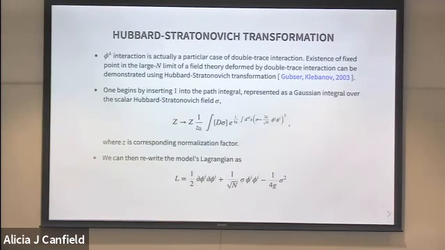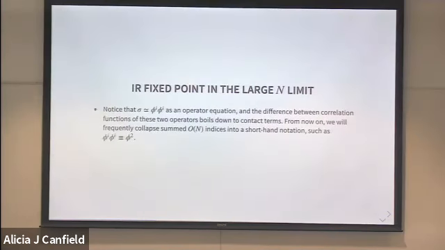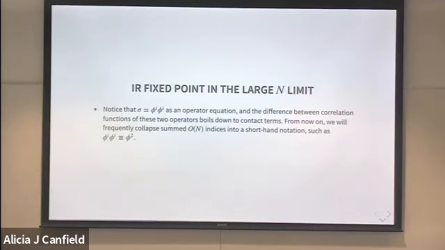In this case, this proverbial operator O is phi squared. So we will be talking about what happens to the dimension of phi squared when we flow from the UV to the IR. A quick handle on how to derive it is to look at what happens to sigma. So it's the same as in the Gubser and Klebanov paper, except slightly more specific in this case.